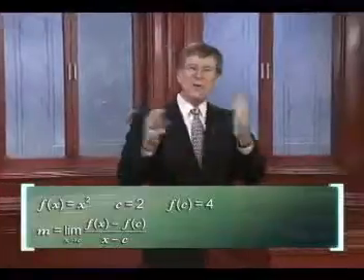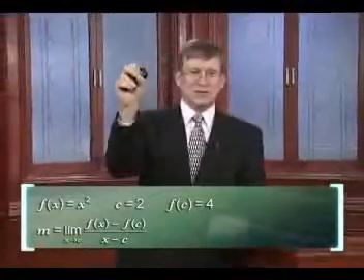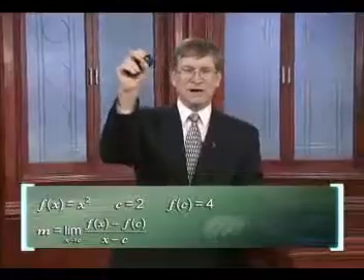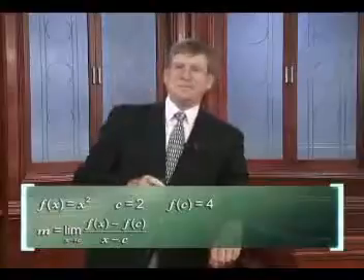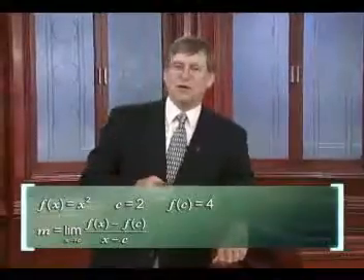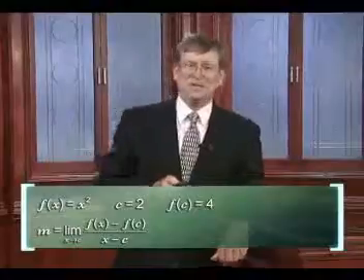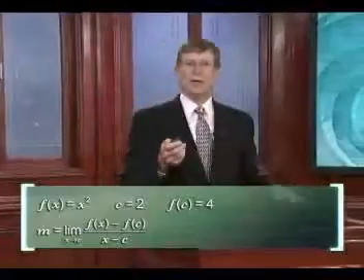And lo and behold, this notation that I just showed you, limit x approaches c, f of x minus f of c over x minus c, that is the definition of the slope of the tangent line to a curve at the point c. Great. So now we have the definition of slope to a curve.